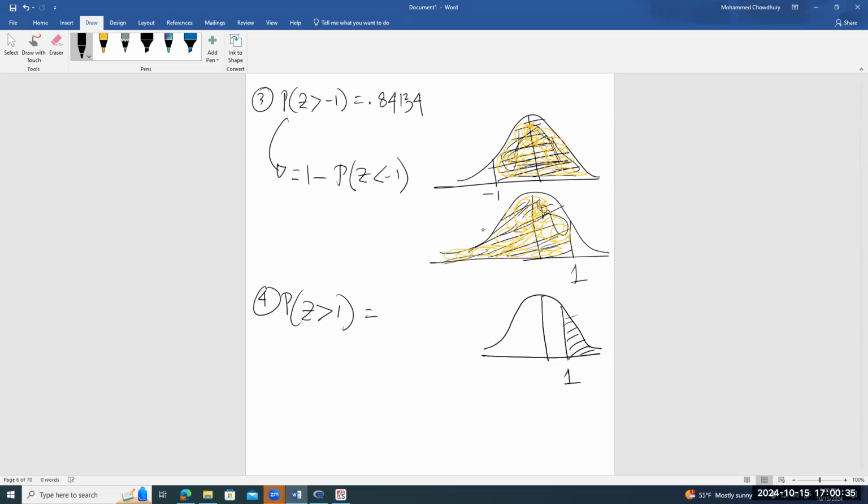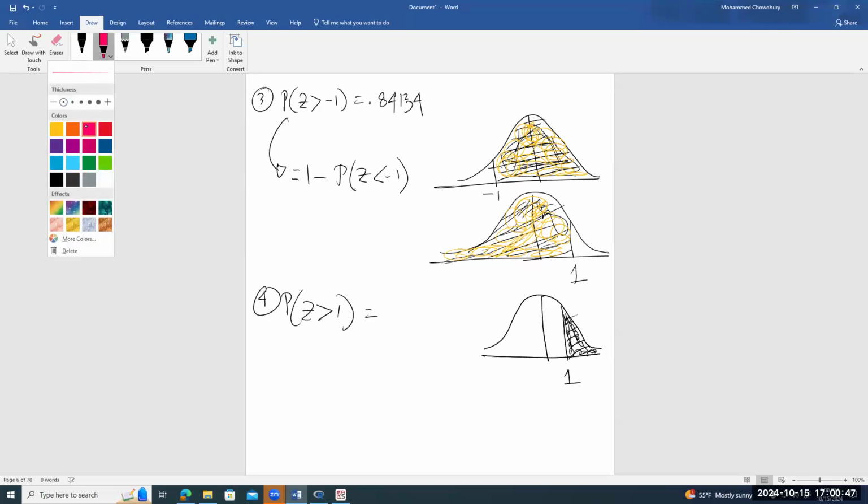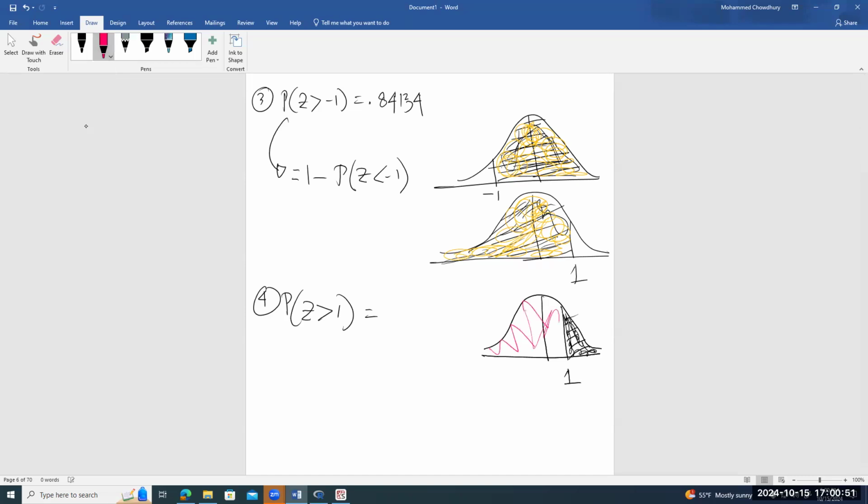So in order to find this, how about if we subtract this one from 1, then I will get this one.